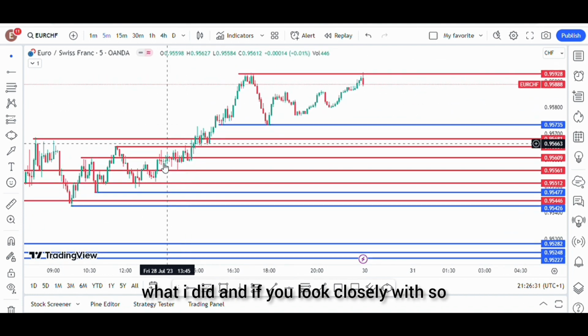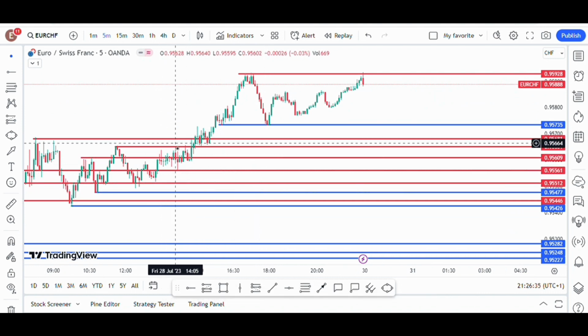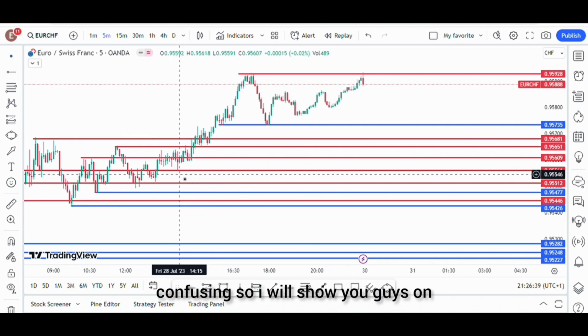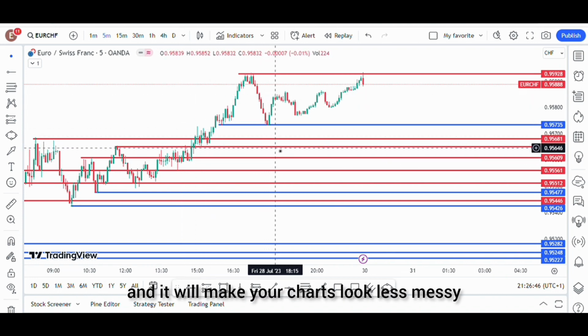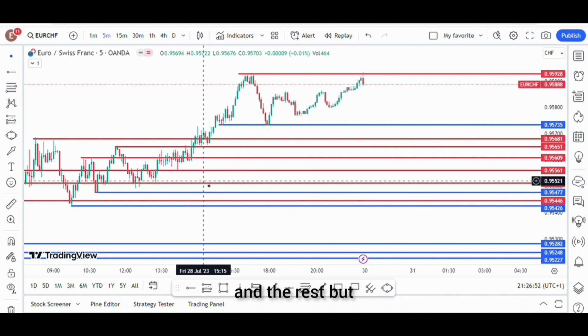If you look closely, with so many lines it is actually getting confusing. So I will show you how to pick the zones, and it will make your charts look less messy, not all rough and filled with lines and the rest.